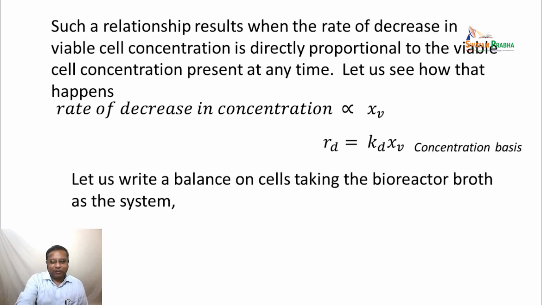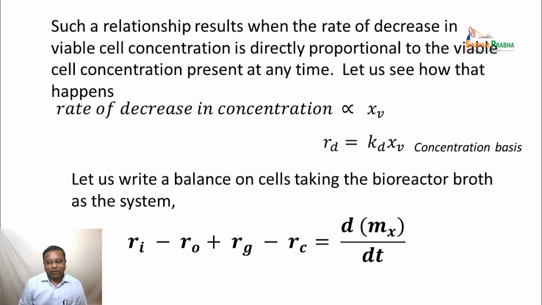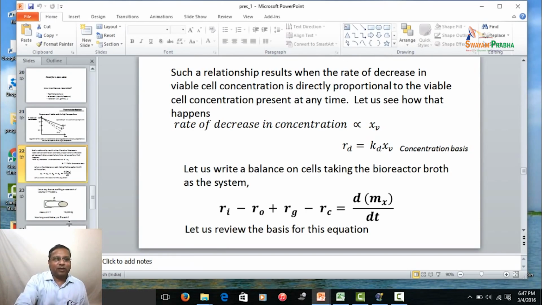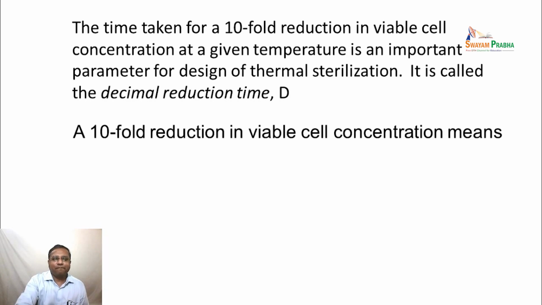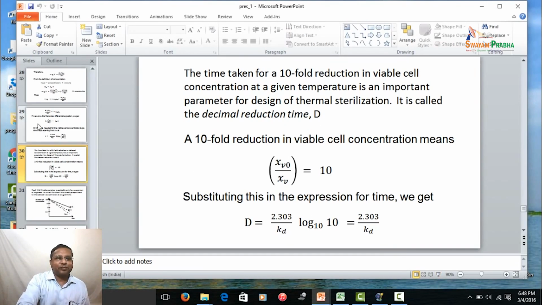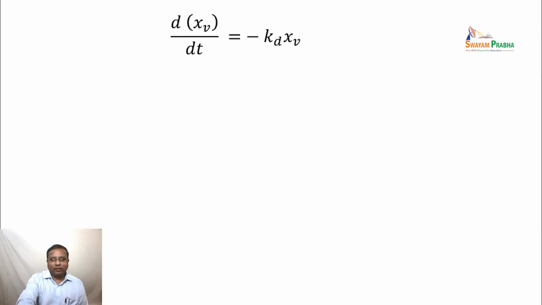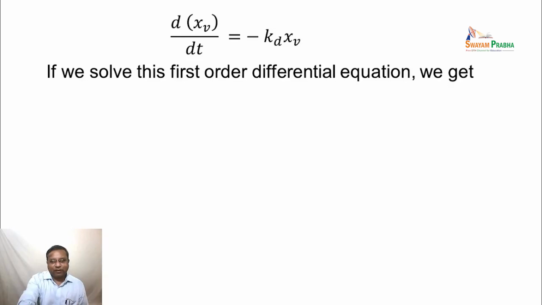Using that and the fact that this operation is happening in a batch bioreactor, we wrote a balance for it and arrived at the governing equation. d dt of xv is minus kd into xv, and if we solve this, we would get ln of xv naught by xv equals kd t. That gives you the time there.